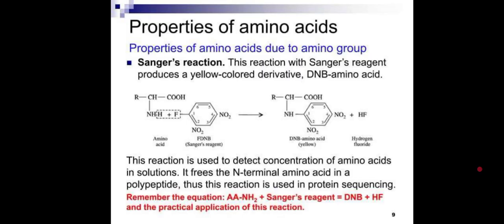When Sanger's reagent reacts with an amino acid, it gives a yellow coloration, and this can be measured through your spectrophotometer.